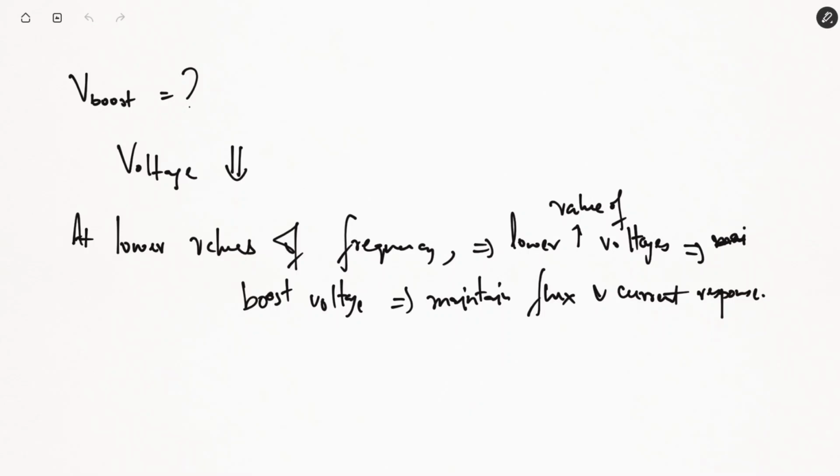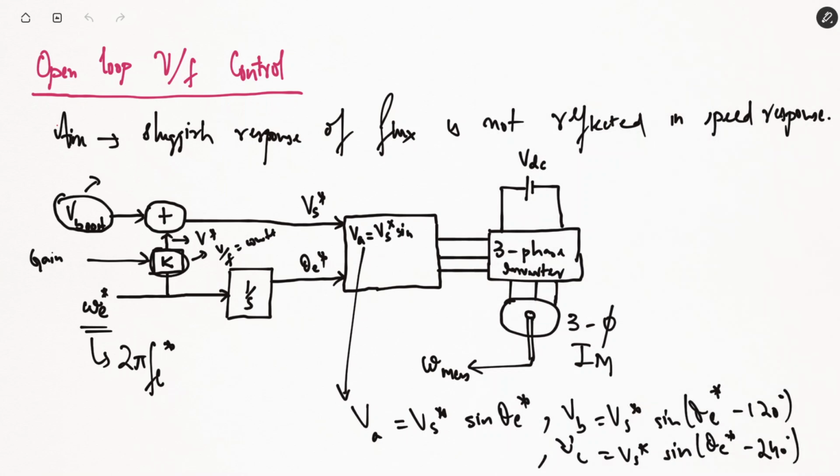Fine. So this is a simple control strategy. आपको यहाँ पे V by F ratio constant रखना है and it's in an open loop. Simply you are giving a reference speed value that's actually equivalent to reference frequency value. Using that gain K, you keep the ratio V by F constant. At lower voltage values, the V boost will actually add up to the voltage, ताकि जो आपकी सिस्टम में फ्लक्स है और करंट है वो मेंटेन रहे.